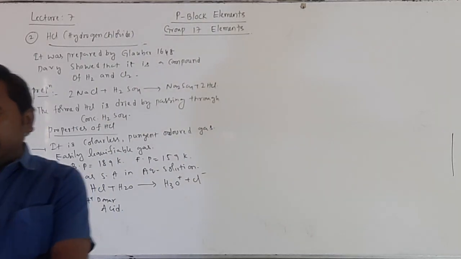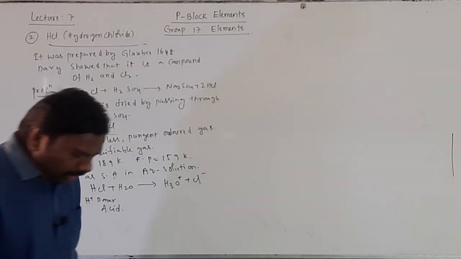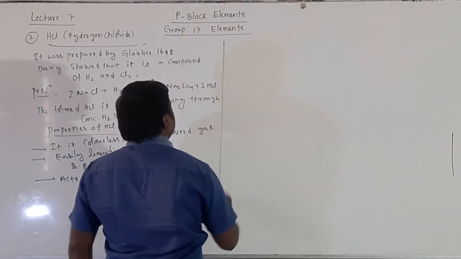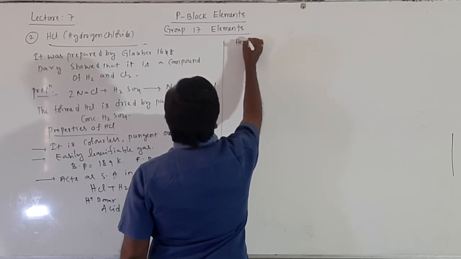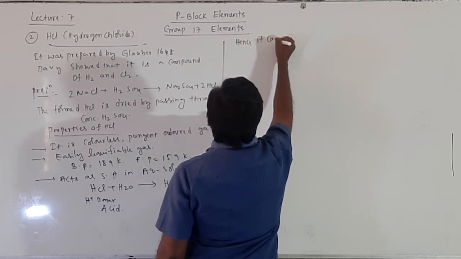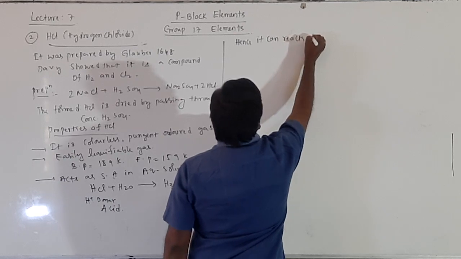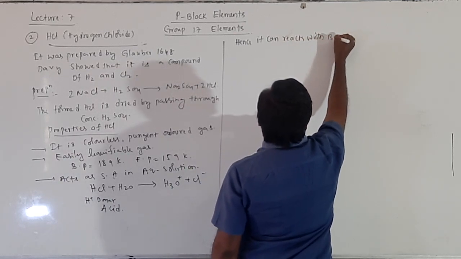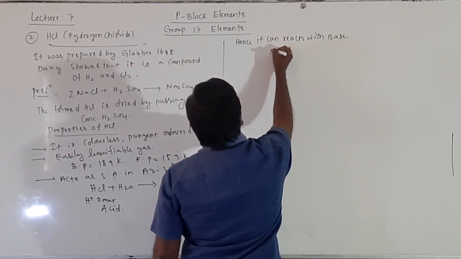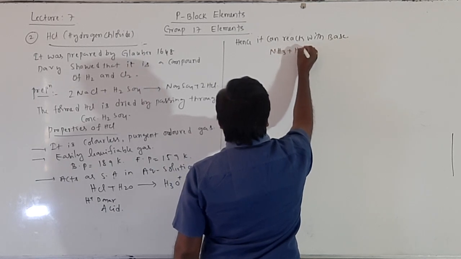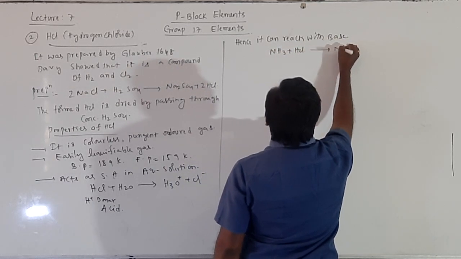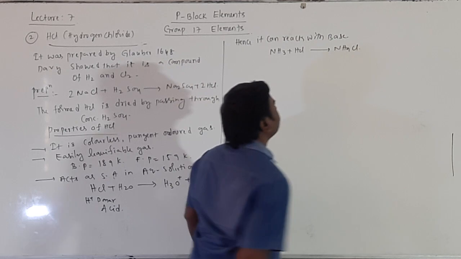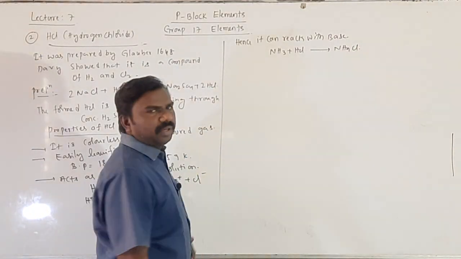Okay. Next, it can react with base because it is acid, that is NH3 plus HCl gives rise to NH4Cl. Okay, salt will be formed.